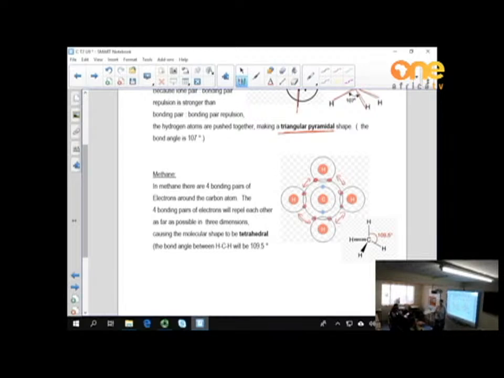There's not a force pushing it stronger from one side of that molecule. So the hydrogen-carbon-hydrogen angles will all be the same size, and they will be as far away as possible that they can get in 3 dimensions, forming an angle of 109.5.